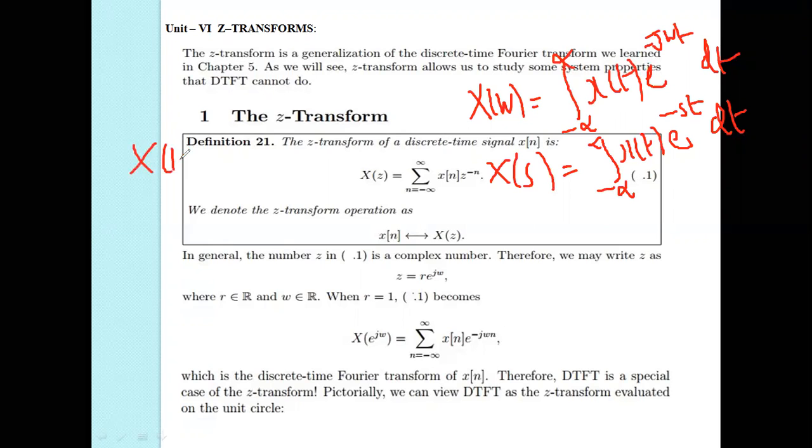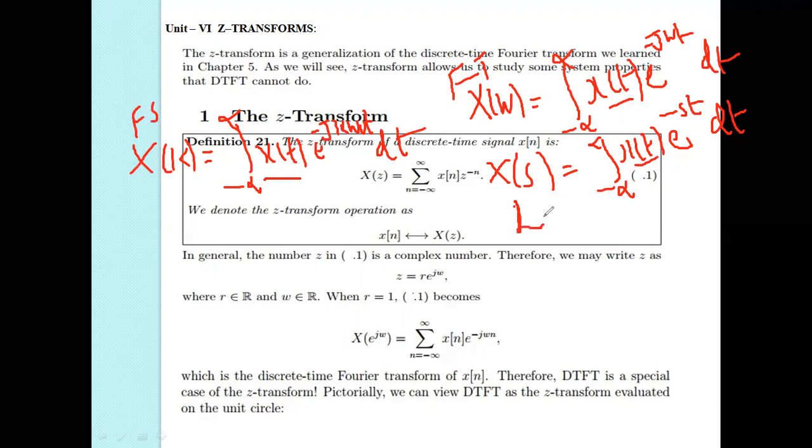Before, we also learned the exponential Fourier series, 1 by T times the integral of x of t e power minus j k omega naught t dt. All of these convert time domain functions into frequency domain functions. X of omega is the Fourier transformation, x of k is the Fourier series, and X of s is the Laplace transformation.